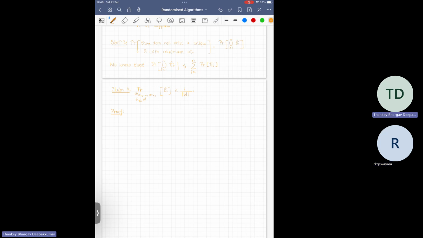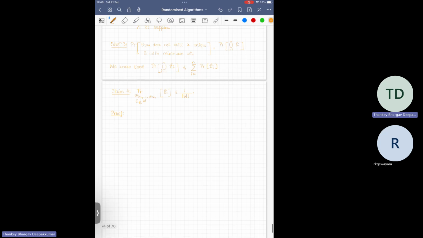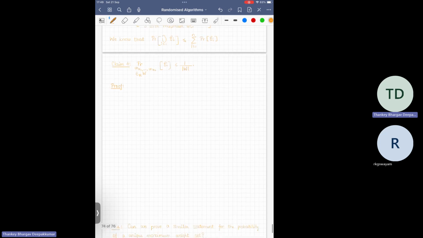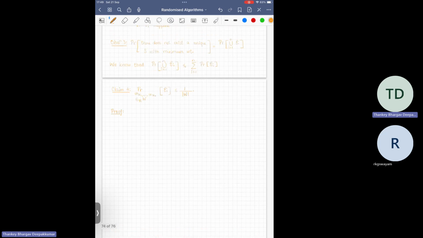Sets that do not contain Xi, right? So suppose I were to fix the weights Wx1 to Wxi minus 1 and Wxi plus 1 to Wxn. That is the weight of every element other than Xi, right? Yes. Then S2 would become fixed, right?